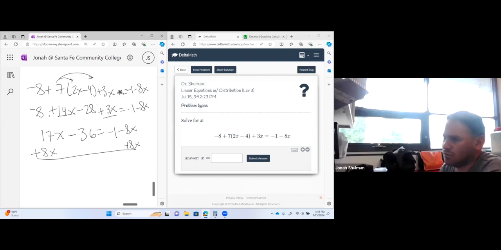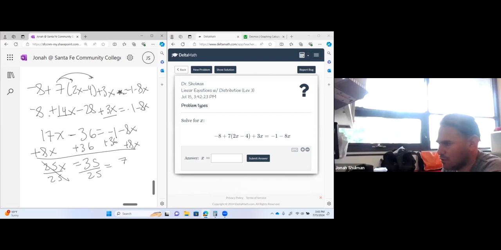So we've got 25x. We're going to add the 36 equals 35. And when we divide by 25 on both sides, we will have to simplify this. We can divide it by 5, and we're going to be left with 7/5. That's if you divided top and bottom by 5. Your answer is 7/5.